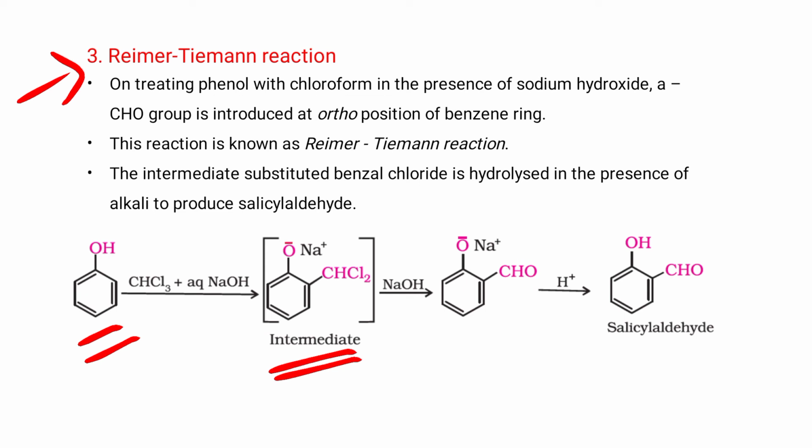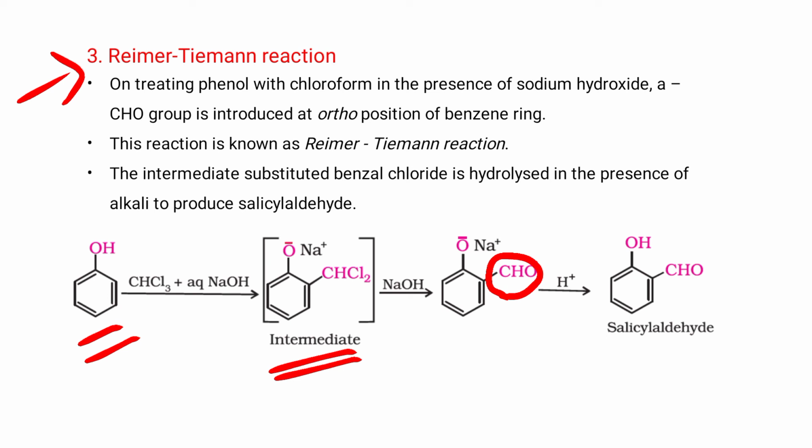On treating phenol with chloroform in the presence of sodium hydroxide, a CHO group is introduced at ortho position of benzene ring. Okay, this CHO group is introduced at ortho position of benzene ring. This reaction is known as Reimer-Tiemann reaction.